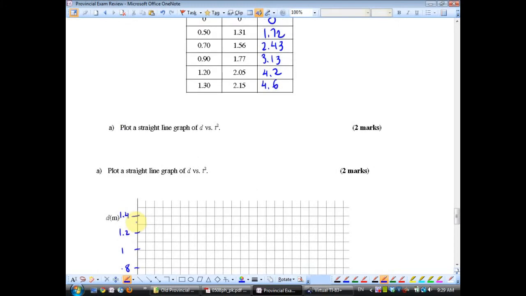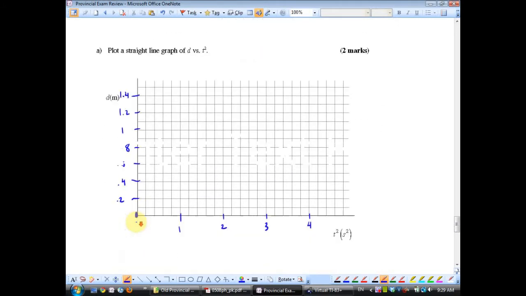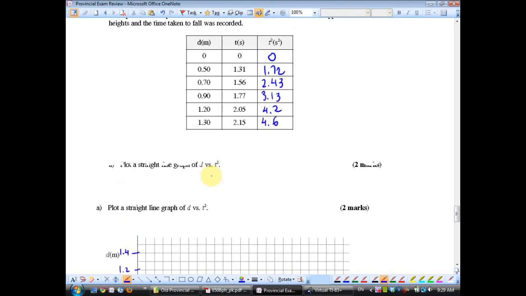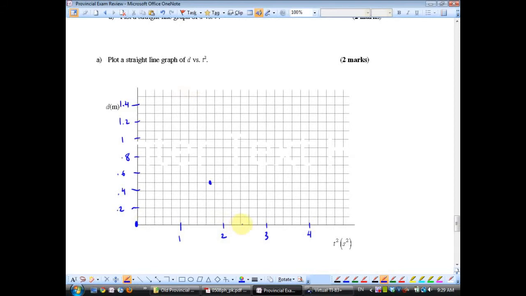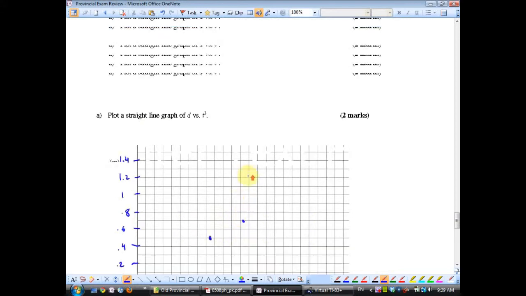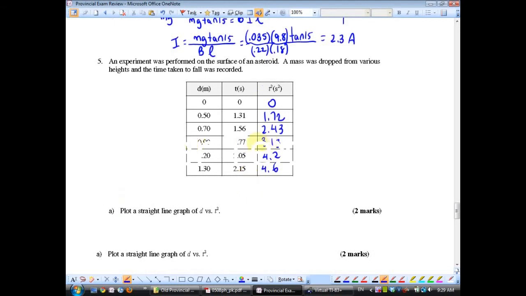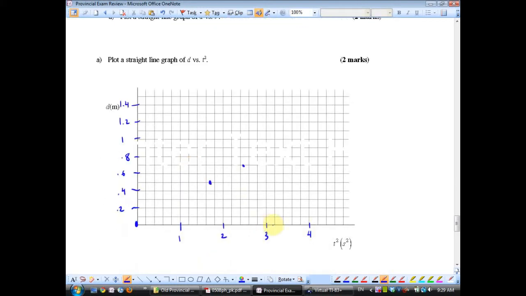1.72 goes through 0.5, about there. 2.43 goes through 0.7, about there. 3.1 goes through 0.9, about there.